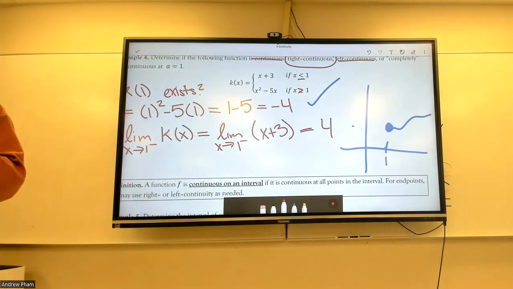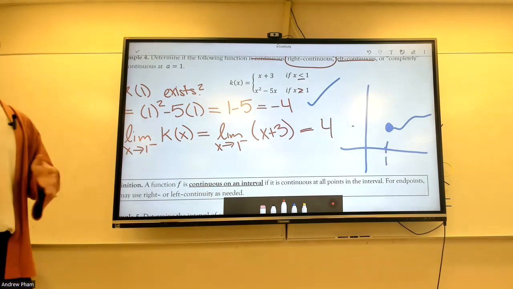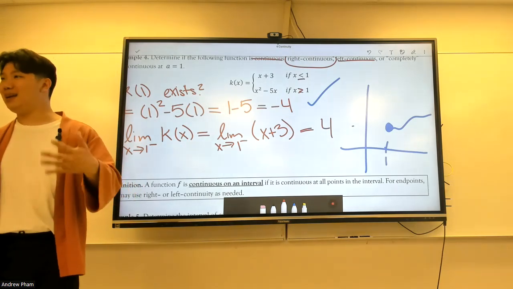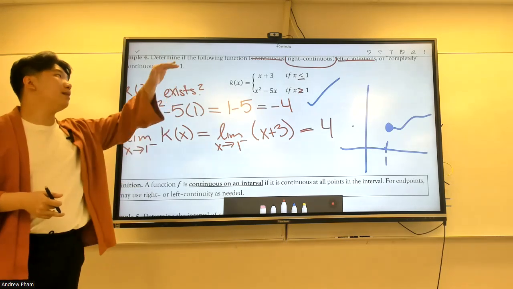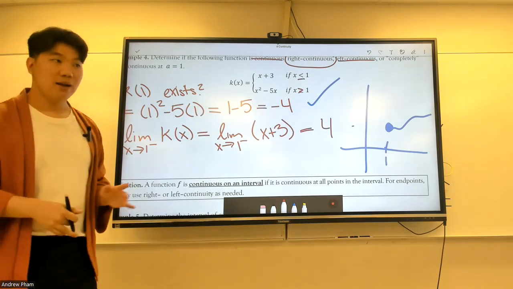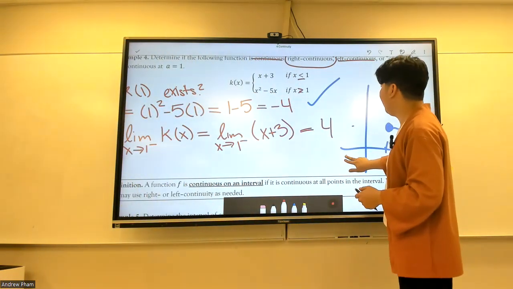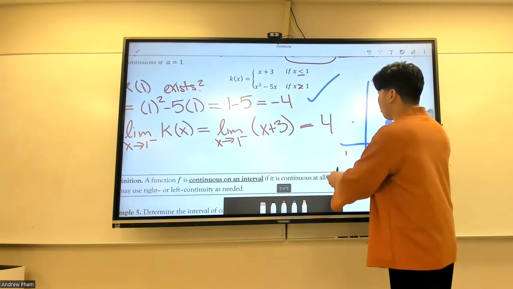So this is a pretty big indicator for at least this type of function. You can imagine that, yes, there are more complicated scenarios and nuances, but for examples like this, that will be a very big indicator. All right, so we know that this function in particular is right continuous.